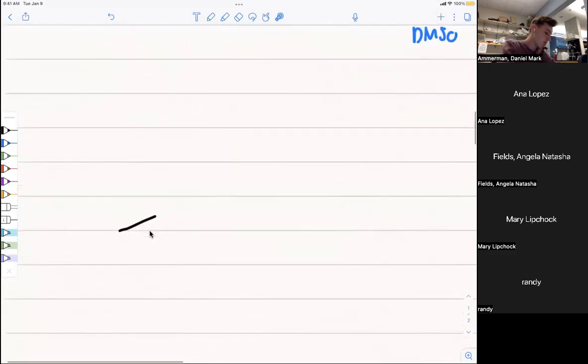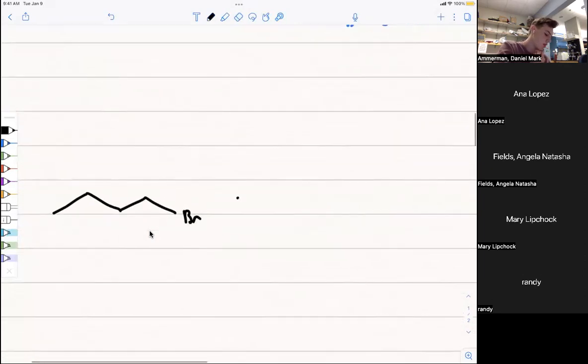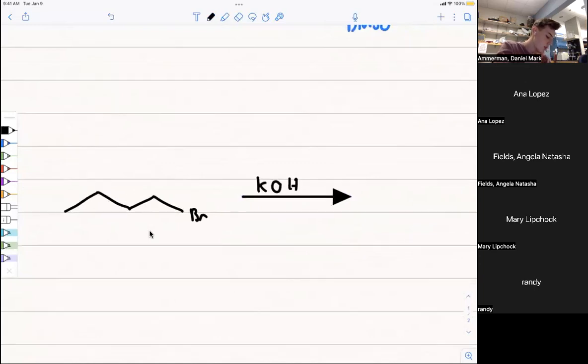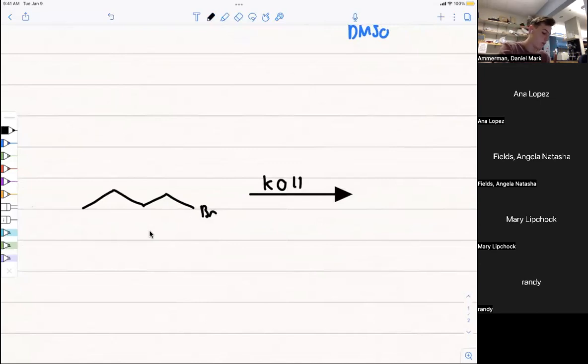So let's try another one. Let's do an easy one. This is an obvious example of E2, because we have heat and we have KOH, or potassium hydroxide.